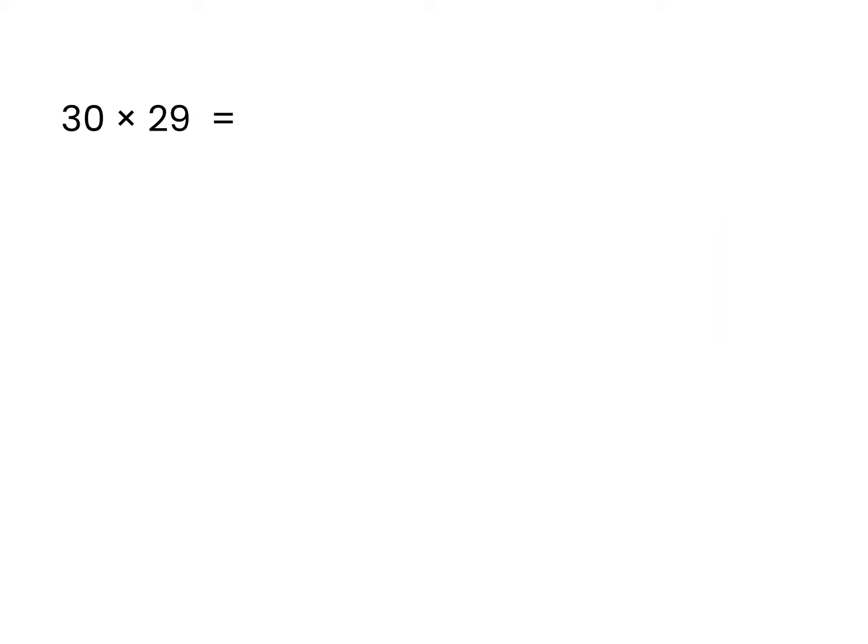All right, we're going to do a similar thing. 30, we're going to write it vertically, times 29. 30, remember, is the same thing as 3 tens. And we are going to think of it as 3 tens on top, and down here we've got 2 tens and 9 ones. So we're going to multiply those 3 tens on top by the 9 ones, and we're going to add our two things together after we do it.